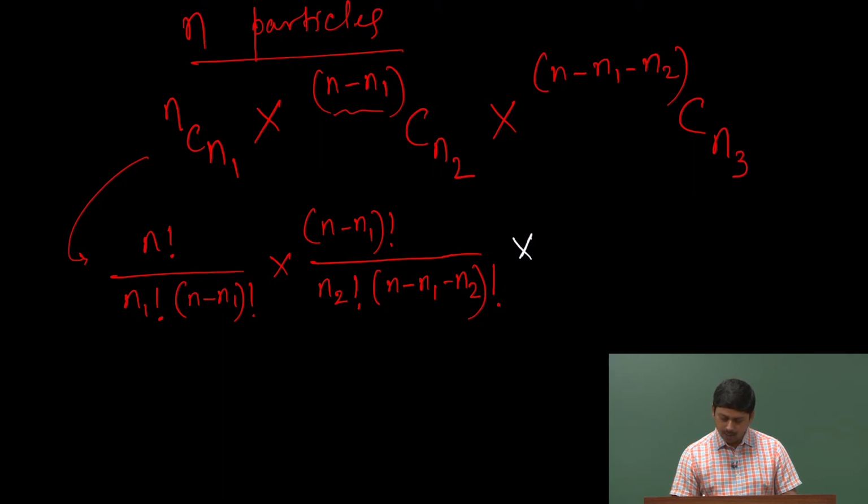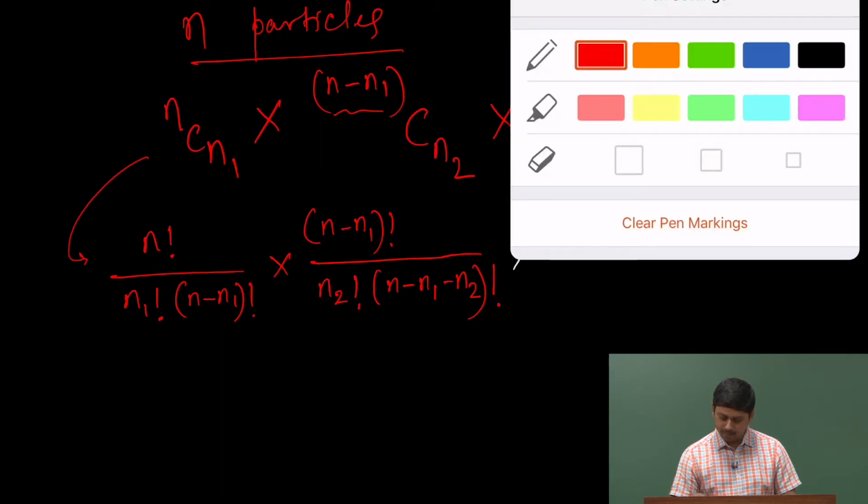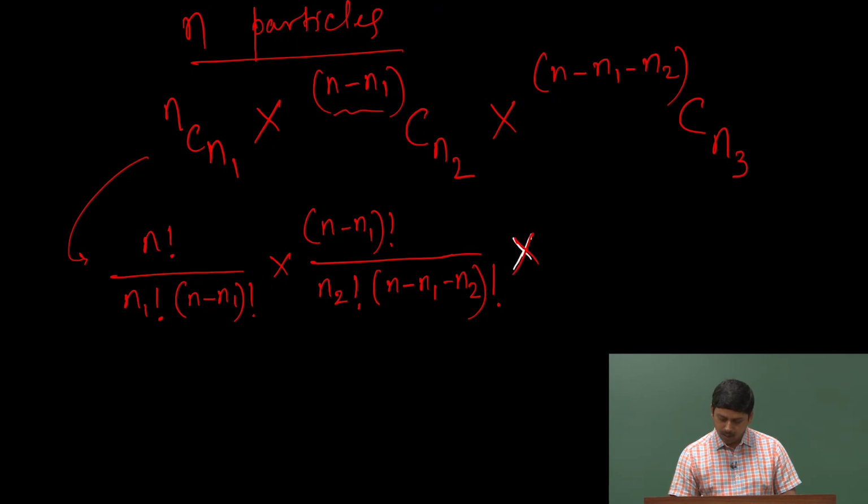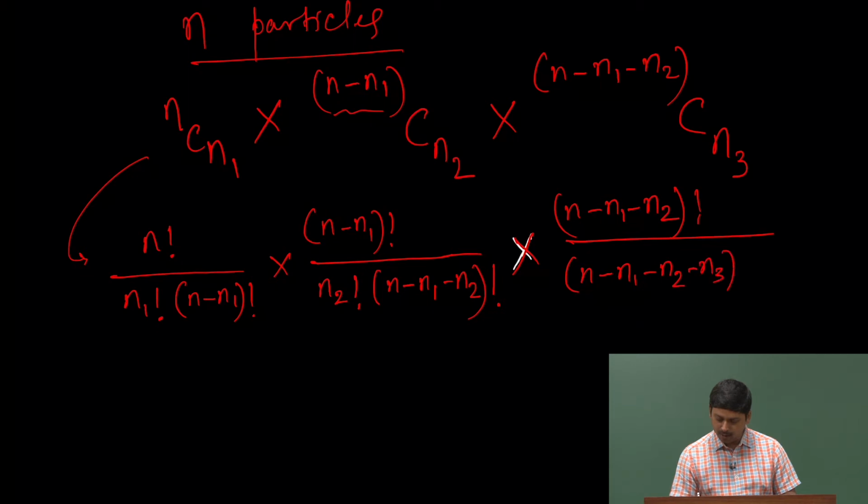Now, in the third case, I have (n minus n1 minus n2) factorial divided by (n minus n1 minus n2 minus n3) factorial, multiplied by n3 factorial. Okay, this is clear.